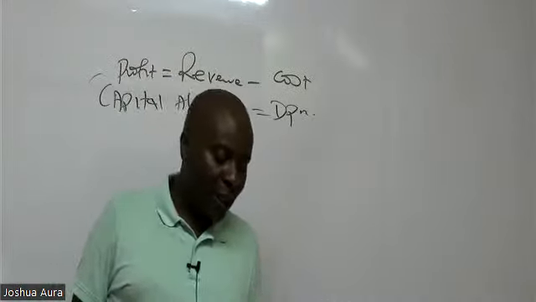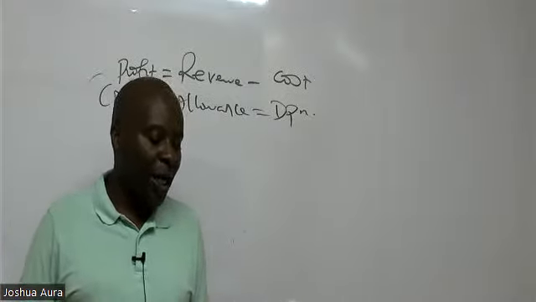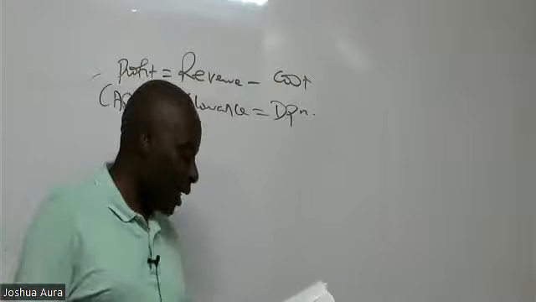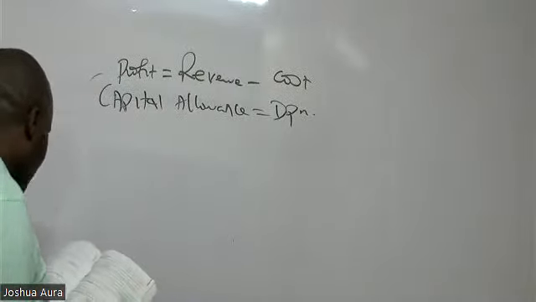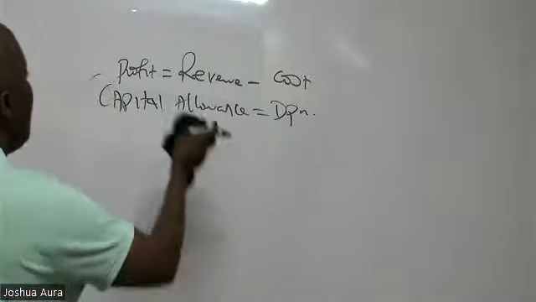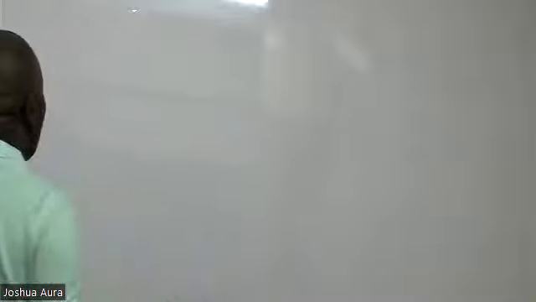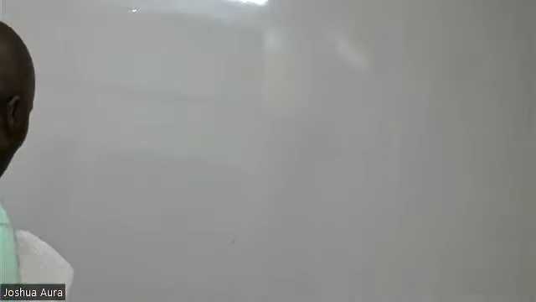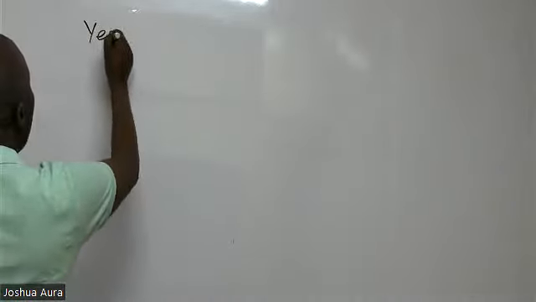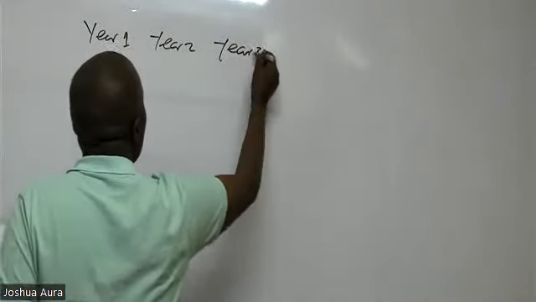Now, ladies and gentlemen, they are telling us something very nice. Could we kindly go ahead and now look for these profits? Let's draw this table ourselves. So we have year 1, we have year 2, we have year 3.